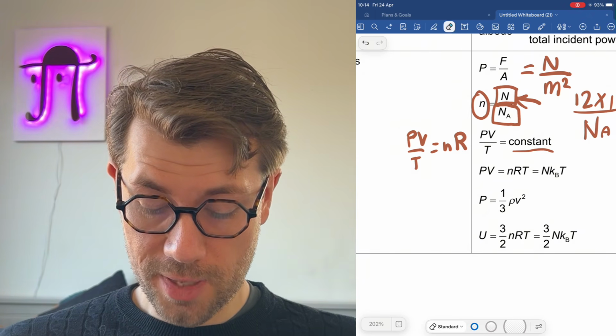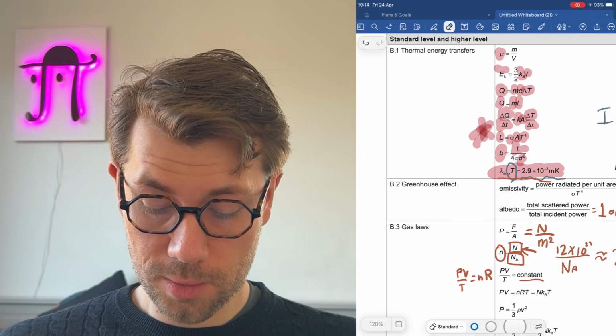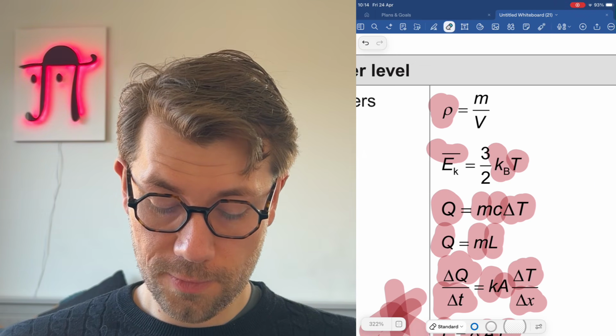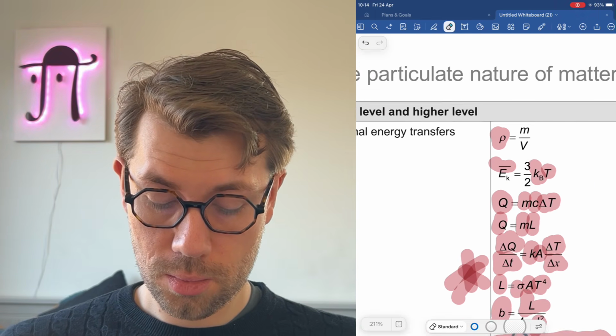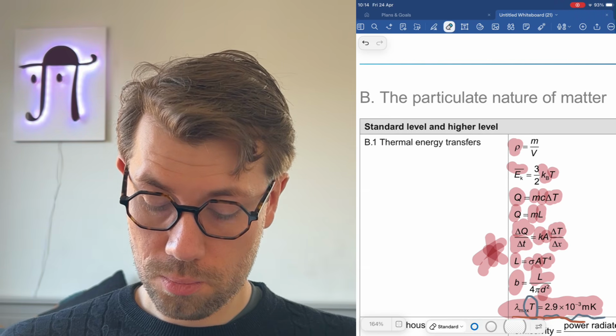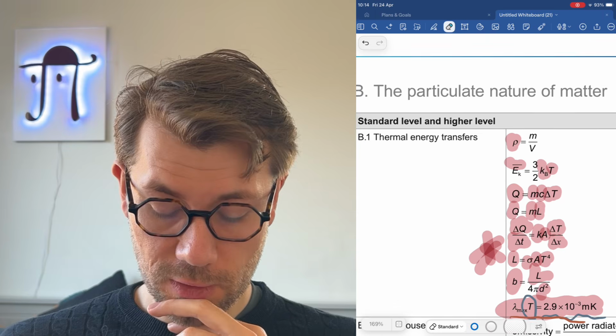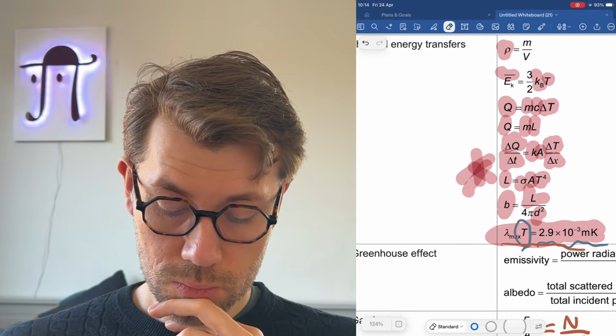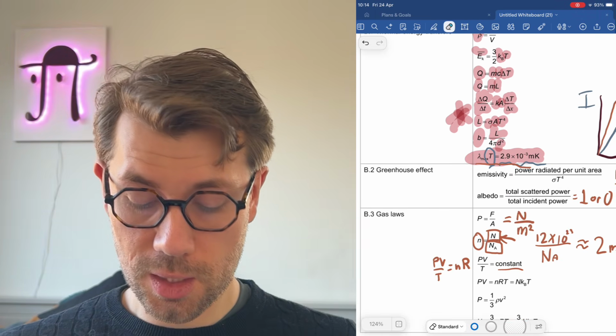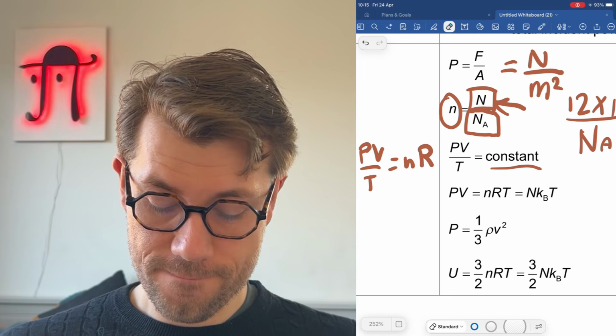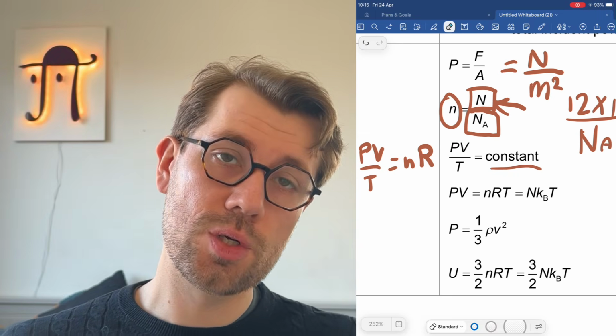Now, when we think about the average velocity of the particles, you might be thinking back to, oh, we had something for the kinetic energy. Could that work? I think it potentially could. And we could use that kinetic energy to calculate our velocity of our particles and then find the pressure.